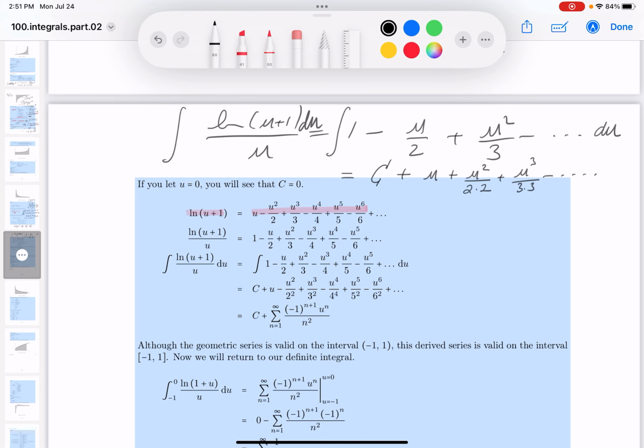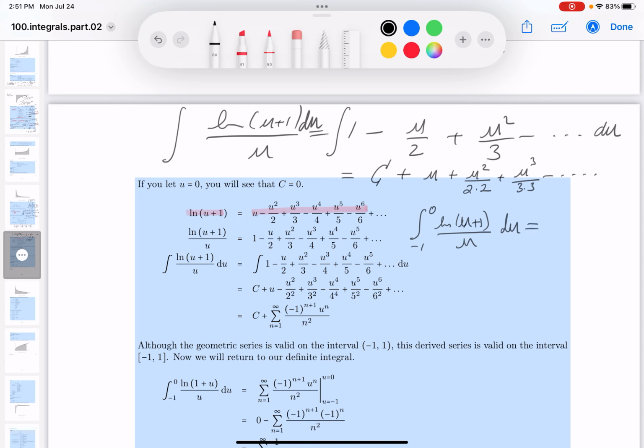And let's write that down now. So the integration I want to do is 0, not 0. I'm sorry, we wrote that down differently. We're doing u's now. So I want to go from minus 1 up to 0. I don't have to worry about the constant anymore. The natural log of u plus 1 over u du.